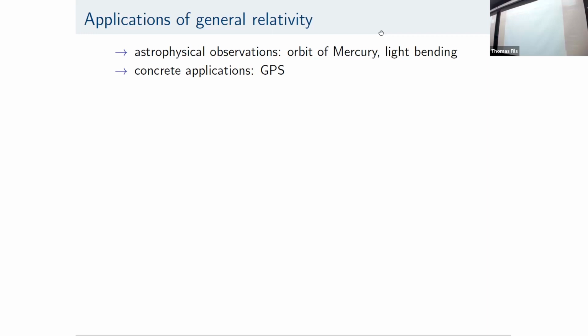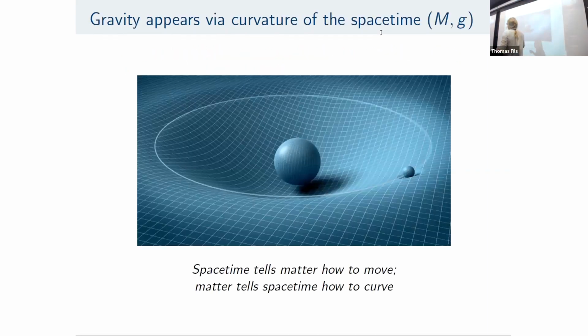Something else that we get from general relativity: in Newtonian gravity, the force only acts on masses. Now in general relativity, curvature can also come from massless particles. So here, we maybe do not think about the moon, but think of some beam of light that's been emitted by some galaxy.